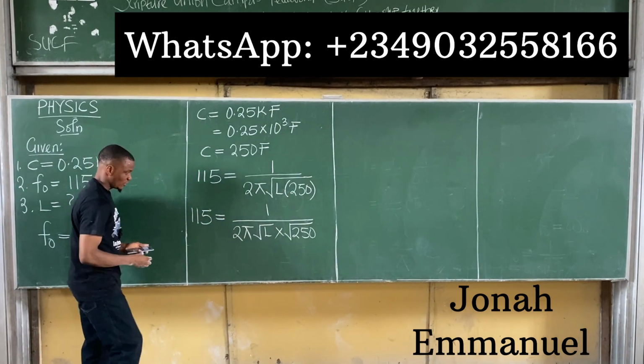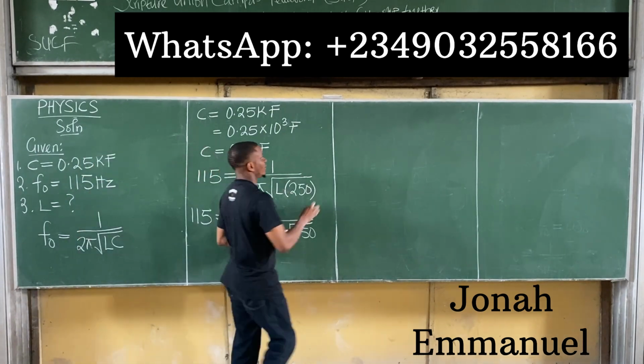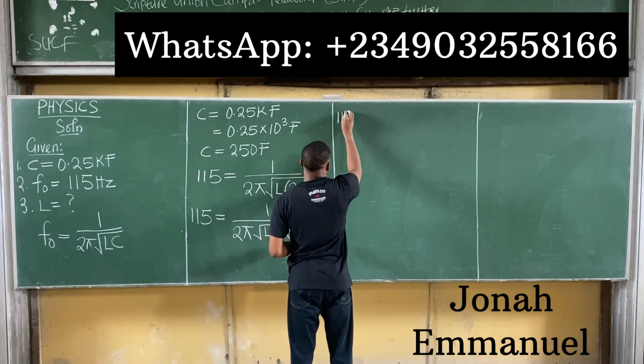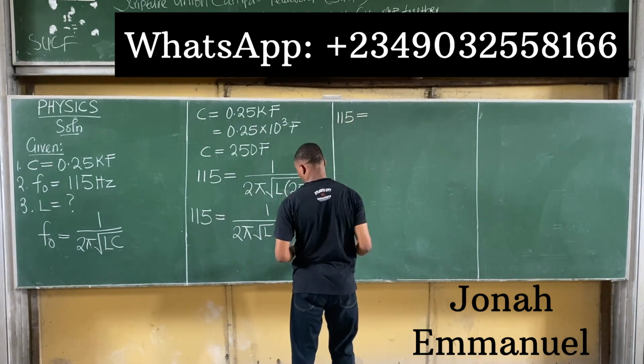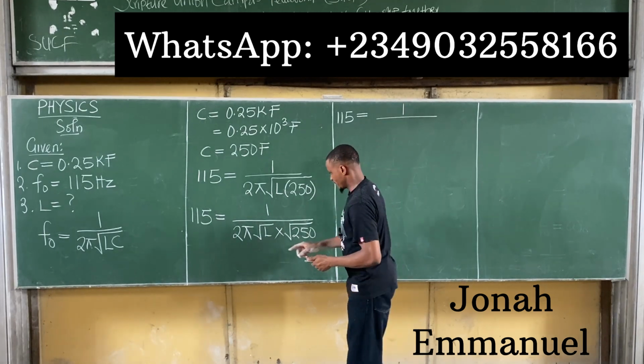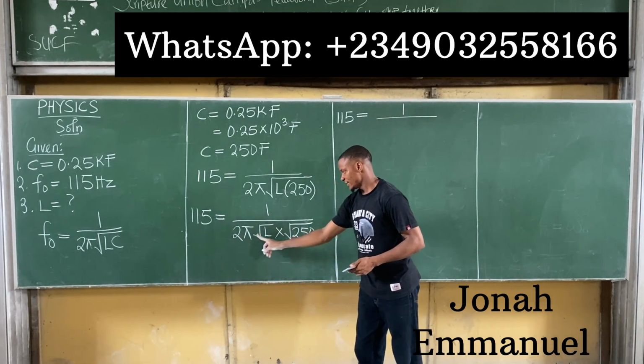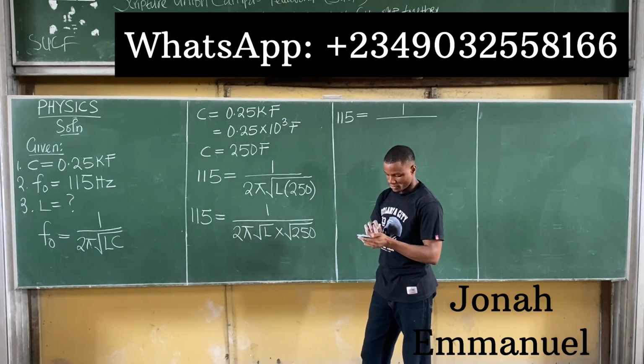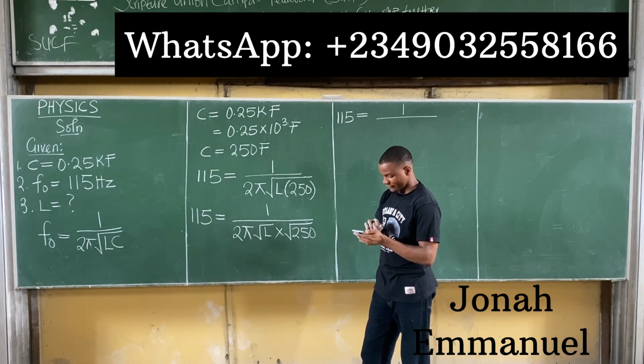So if this is true, I'll have 115 being equal to 1 all over, if I multiply 2 times pi times root 250, so I'm punching 2 times pi times root 250.